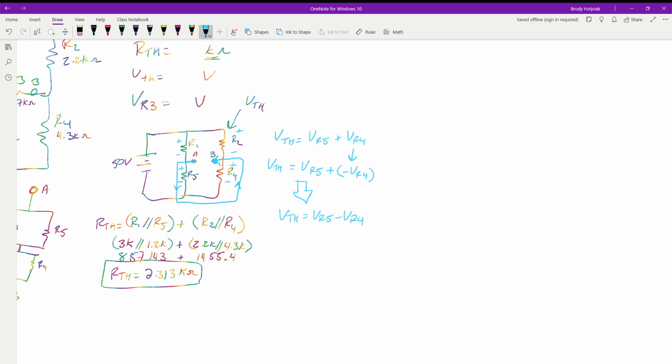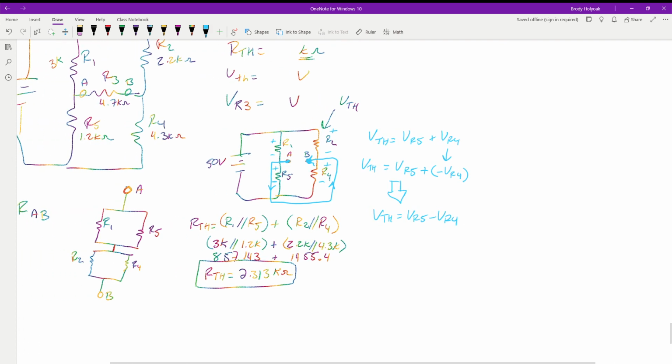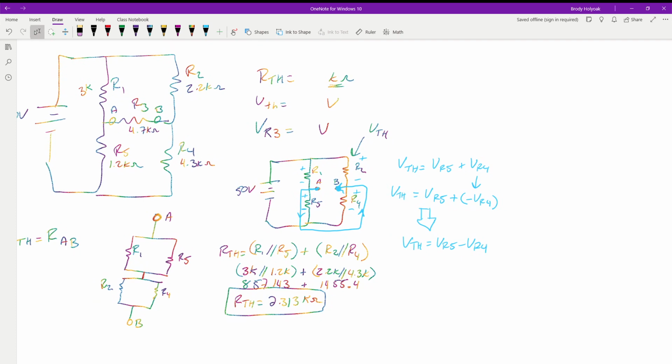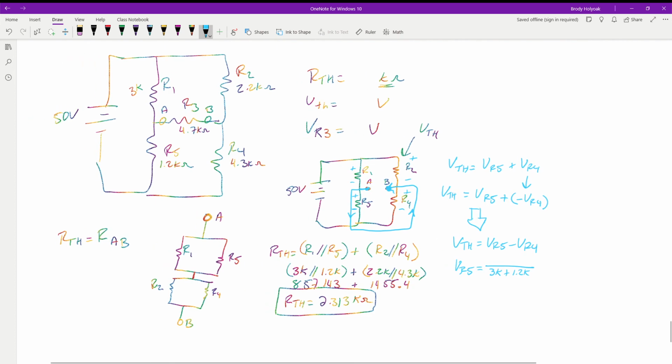So then to solve for this, because I'm still dealing with the circuit with our load resistor removed, I'm going to use voltage divider to solve for VR5 and VR4, just like what we were doing in the last problem with the mix and match. So when it comes to VR5, I'm looking at that branch. What I have is a 3 kilo ohm resistor and the 1.2 kilo ohm resistor in series, and they're in parallel with the total voltage.